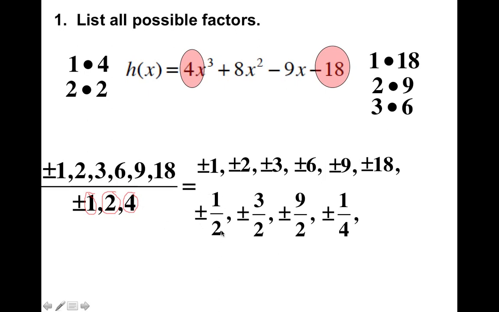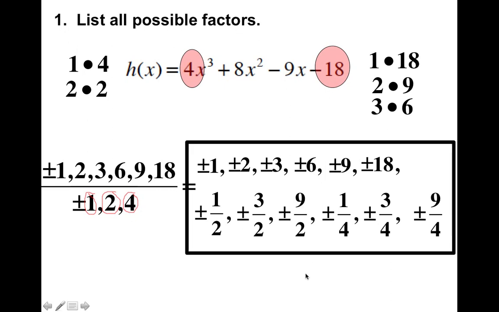We already have that. 3 divided by 4 is new. 6 divided by 4 reduces to 3/2. 9 divided by 4 is new. We don't have that one yet. And then 18 divided by 4 reduces to 9 over 2, which we have. So these are all of the possible factors.